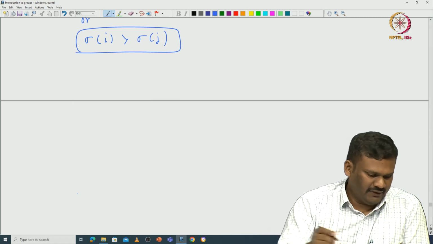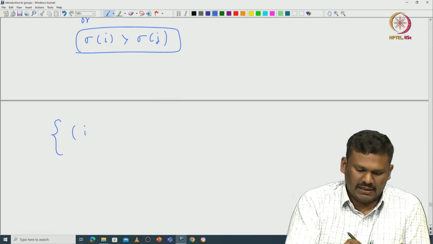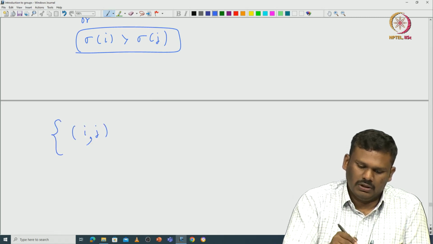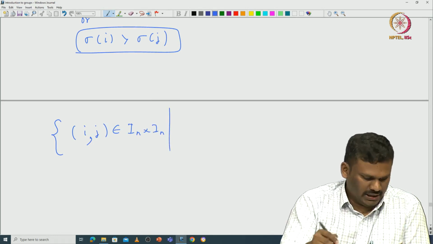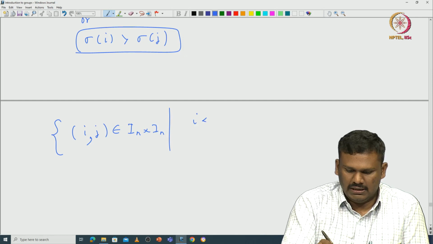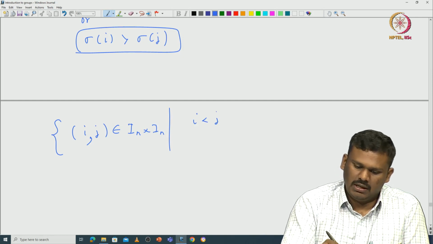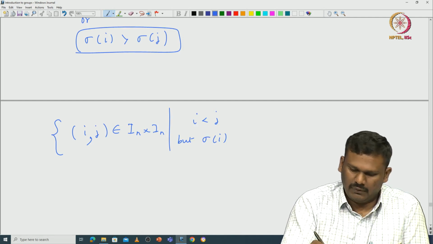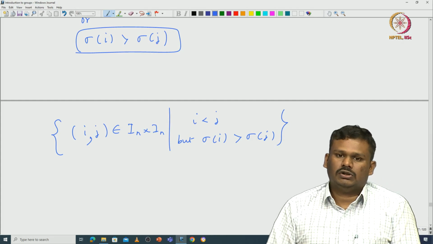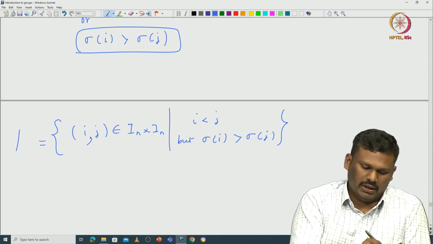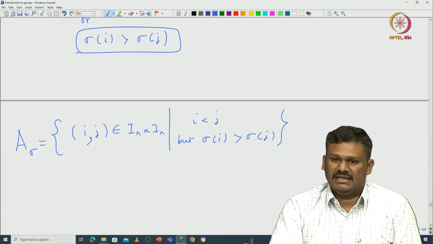So you can define these pairs (i, j) coming from In cross In, such that i is less than j, but sigma of i is greater than sigma of j. This is where something wrong happens, so you call it A sigma.